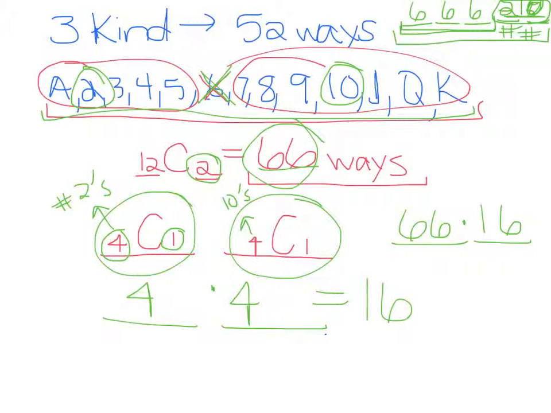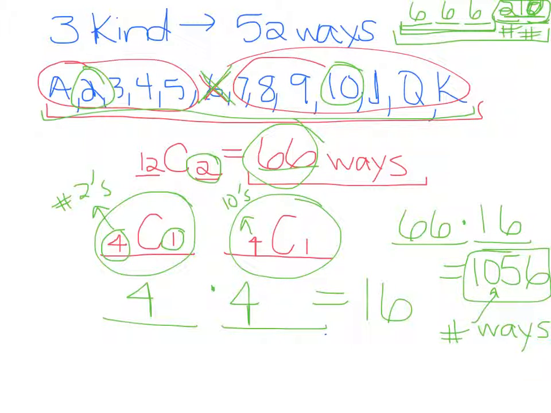If I multiply 66 and 16, I get 1,056. So now I know the number of ways I can fill the last 2 slots so that they have a different face value.